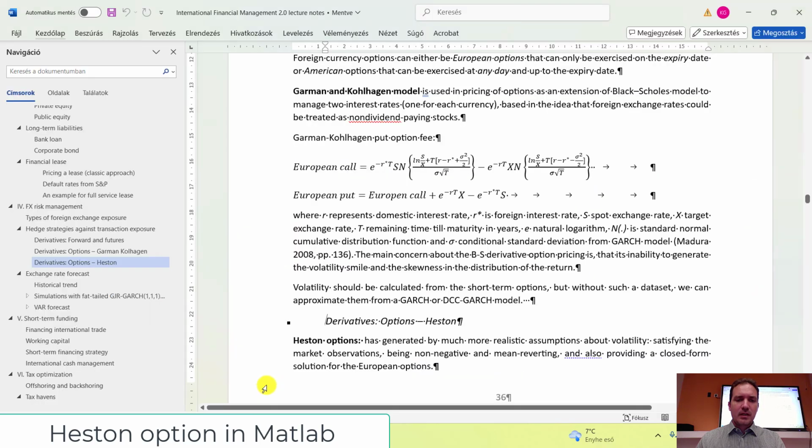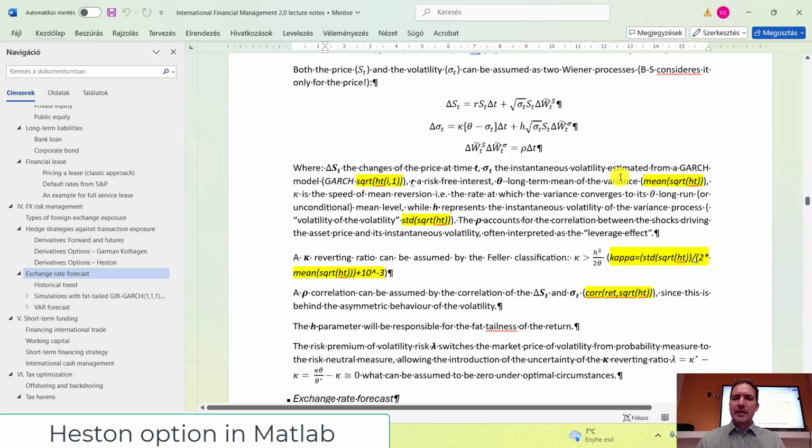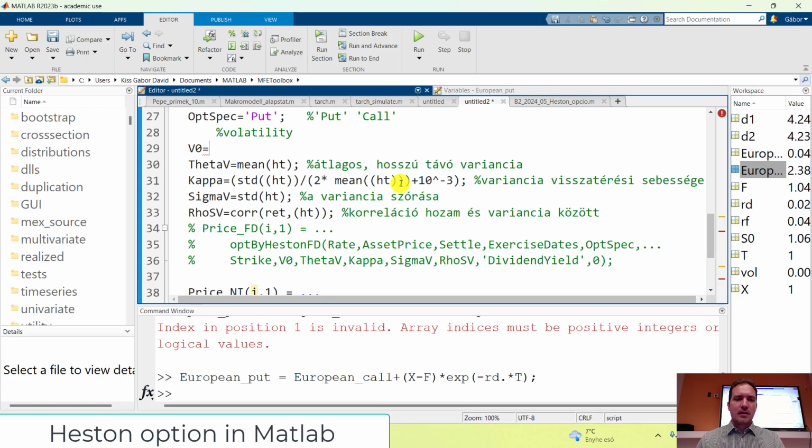And also we can see it in the lecture notes, so we have to define the following values. So we need, is this variance? This was variance. Okay.